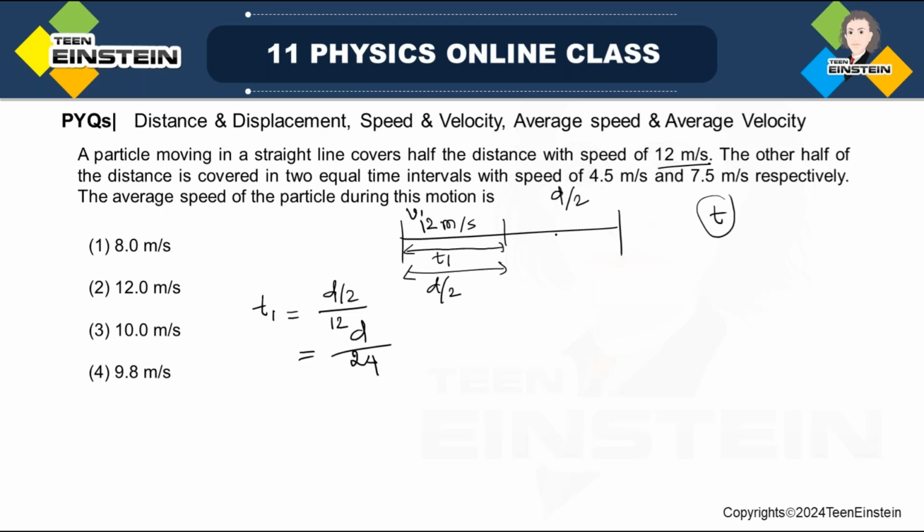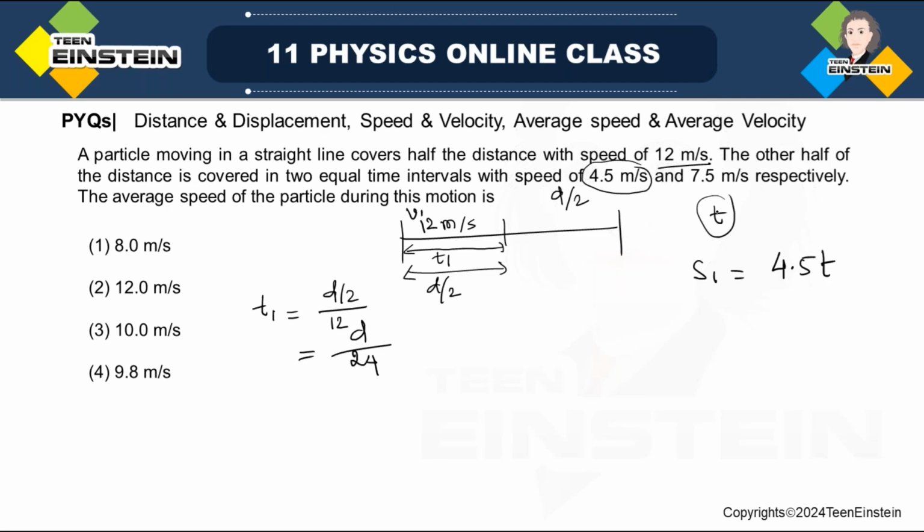That means I can say S1 distance is traveled with speed 4.5 meters per second, and that I can write like this.